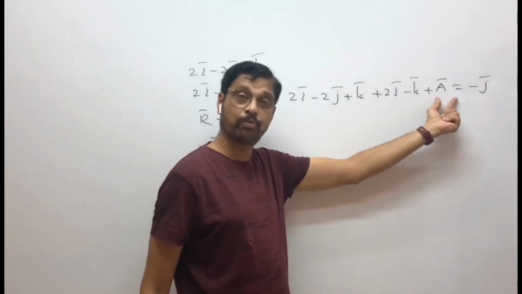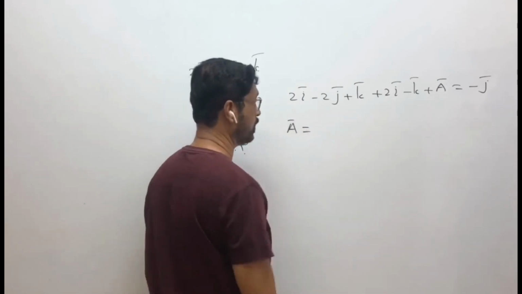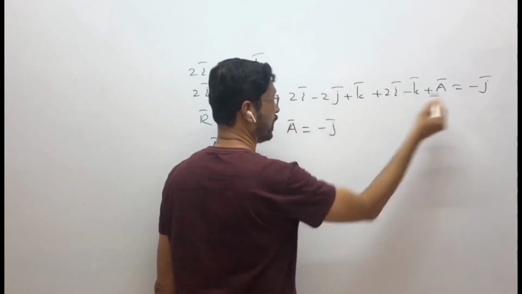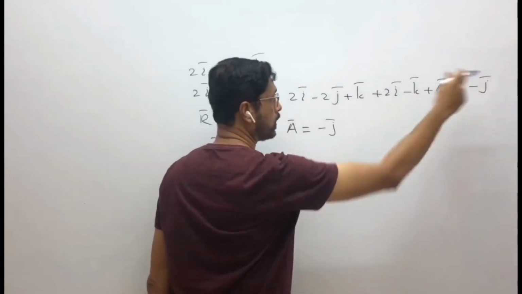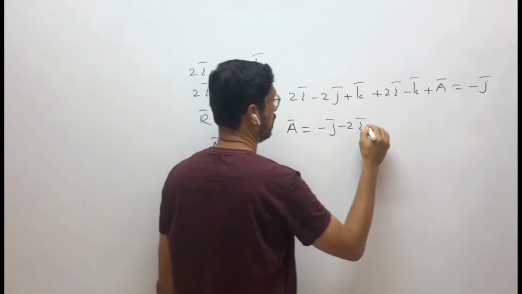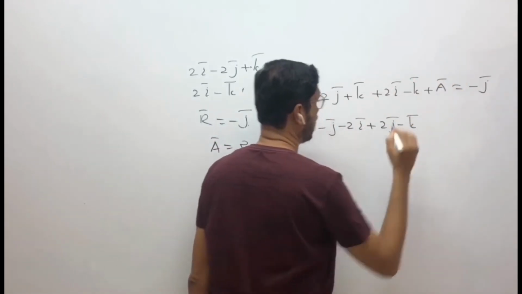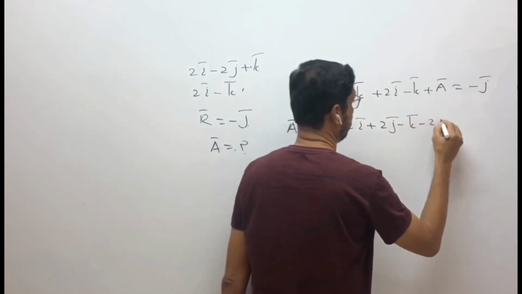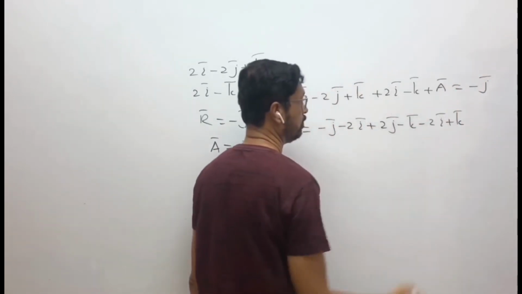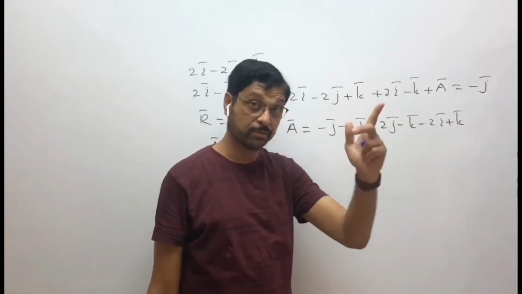Find करना है हमको vector A, very simple now. So vector A will be equal to, इधर minus j है already, shift all these quantities to that side, minus 2i plus 2j minus k minus 2i plus k, right? देखो सही है, all the quantities shifted to that side, the signs will change.